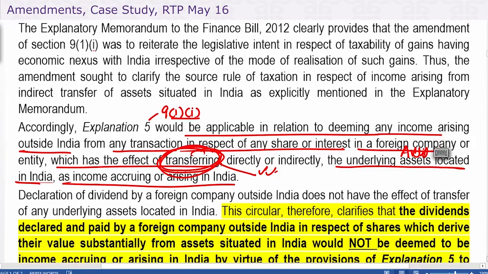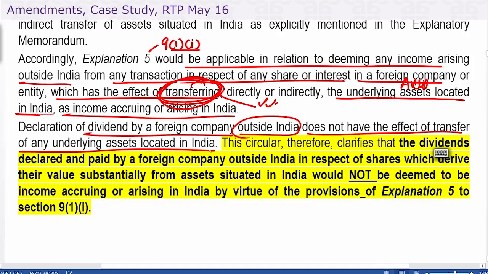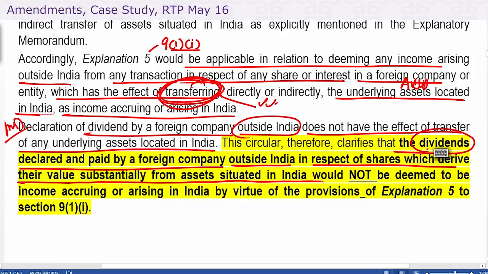Therefore, the clarification given by CBDT in Circular number 4: declaration of dividend by a foreign company outside India does not have the effect of transfer of an underlying asset located in India. The circular therefore clarifies that dividends, and you will mark this as important, declared and paid by a foreign company outside India in respect of shares which derive their value substantially from assets in India would not be deemed to accrue or arise in India by virtue of the provisions of Explanation 5.